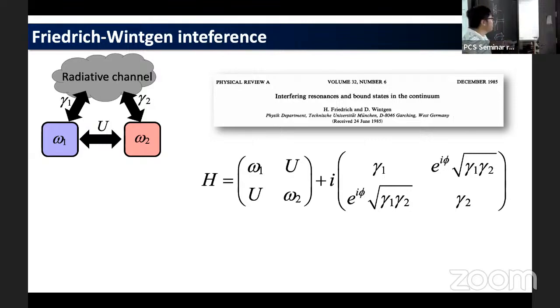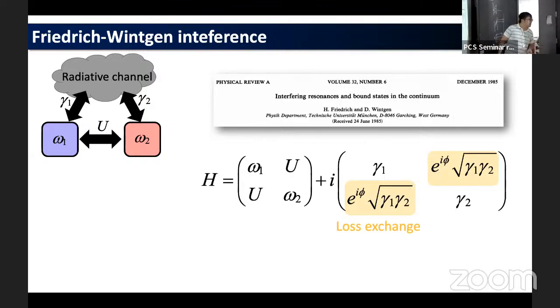This is very different from electrons. For electrons it becomes thermal, so it's not easy to do interference. But here photons can exchange losses. So you can write the loss exchange mechanism as the square root of the product of the losses, and also you have this phase shift. We can understand this phase shift as: this one and this one need to radiate at the same time in order to interfere in phase.